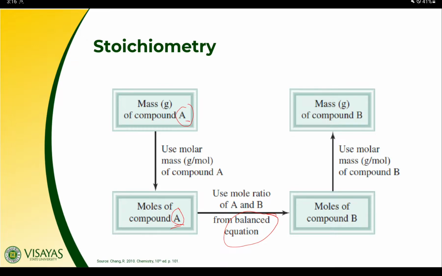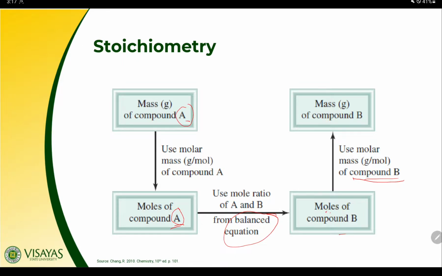When we say mole ratio, they are the coefficients of the compounds in the balanced chemical equation. So it's important that your equation is already balanced before you use the coefficients or the mole ratio of the compounds. Now, once you have the mole of compound B, you can now use the molar mass of compound B to convert that mole into mass.